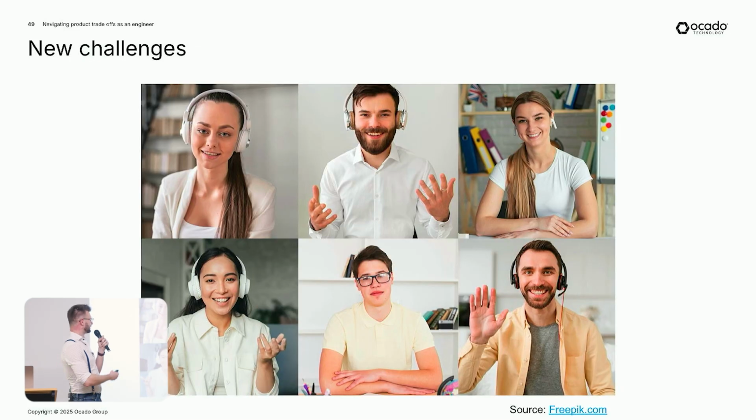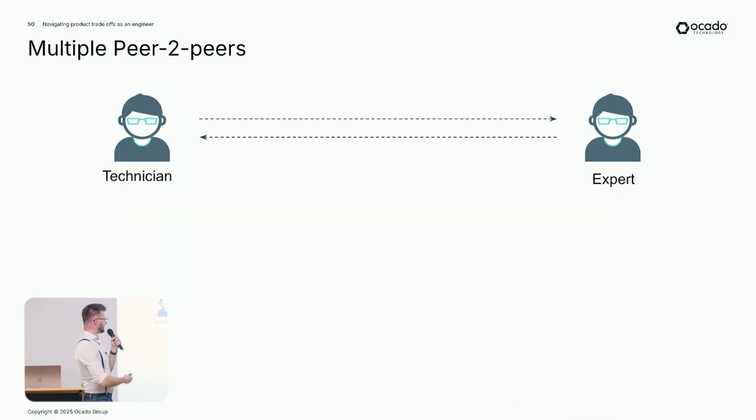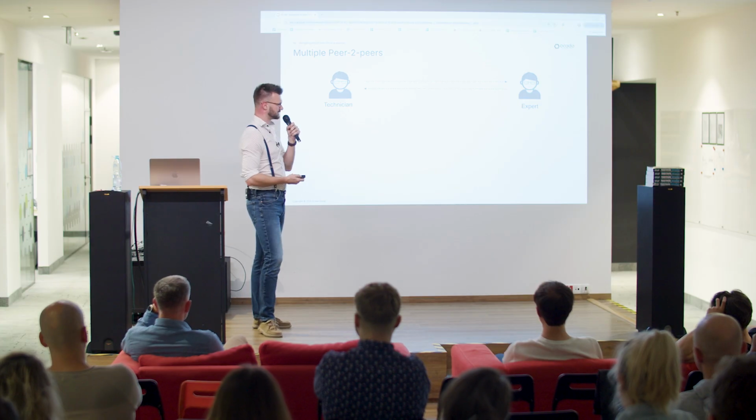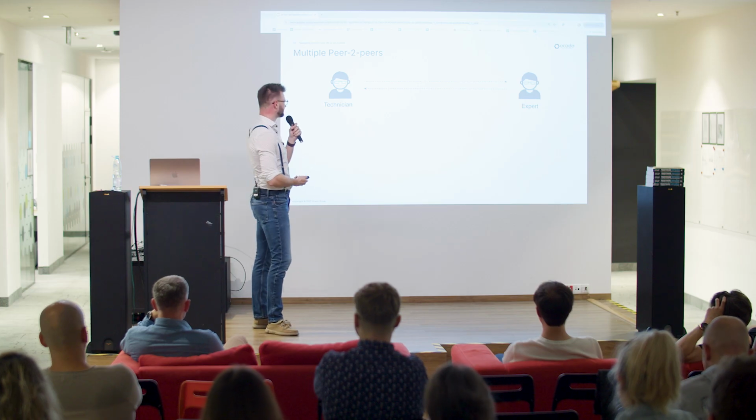Investors required this setup to work with multiple people. So not only one-to-one, but one-to-many. Maybe there would be more technicians, maybe more experts. And the original technology that we picked, peer-to-peer, wasn't really good for the new requirements, because in this setup it's quite easy to maintain a one-to-one connection.